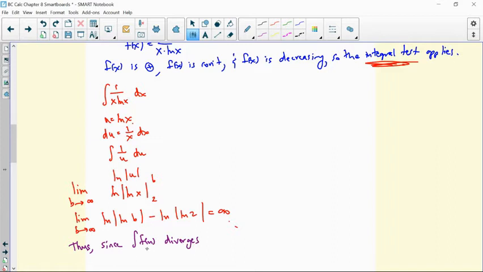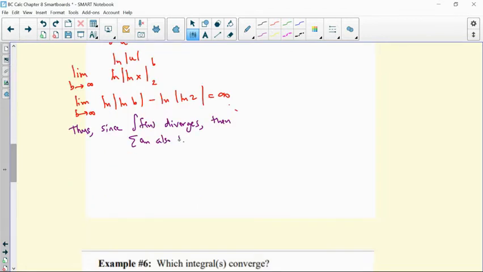I'm just saying since the integral f of n diverges, then the series a sub n, remember we let that function equal that, so it's fine, also diverges. Oop, I'm running out of space. Also diverges by, and we have to say, integral test.